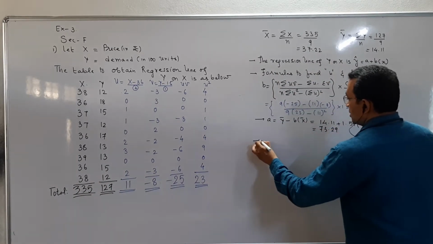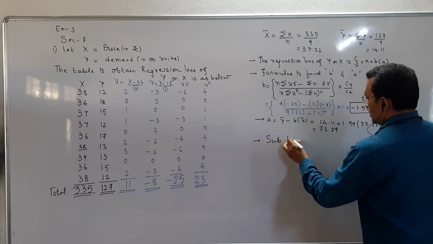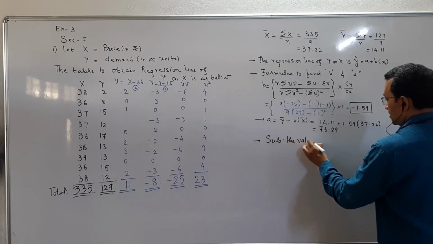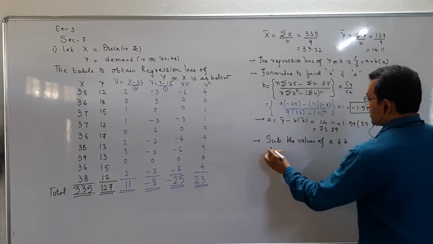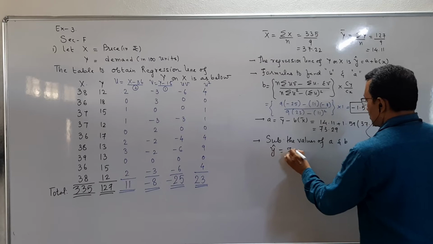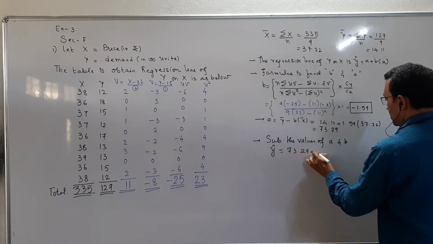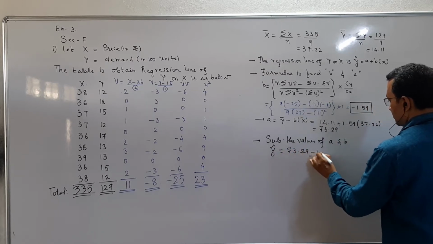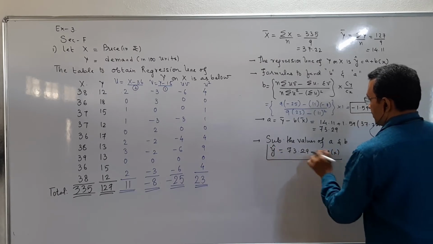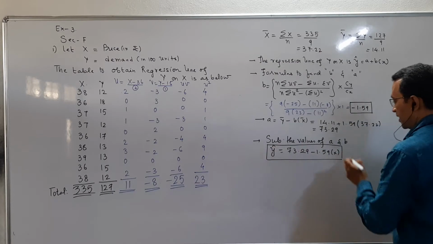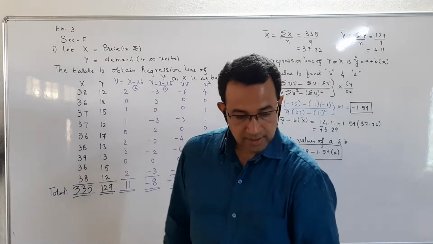And substituting the values of A and B, the regression line is Y cap is equal to 73.29 minus 1.59 into X. This is our final regression line.